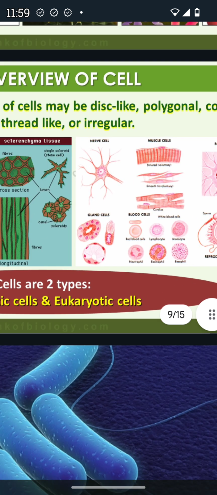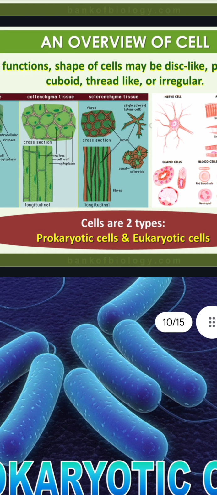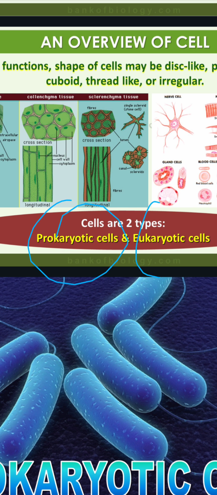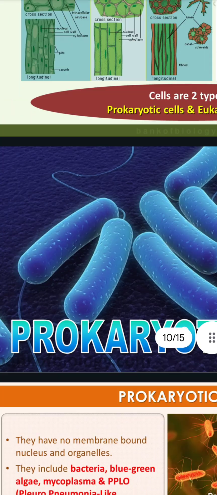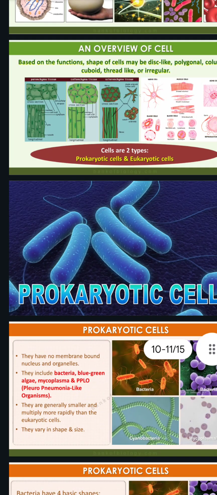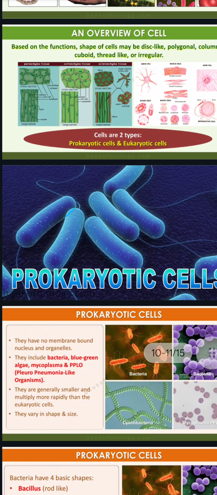Okay, next. Depending on the type, whether a cell has certain organelles or not, it is divided into two types: one is the prokaryotic cell, another is the eukaryotic cell. Let's go. First we're going to discuss the prokaryotic cells.